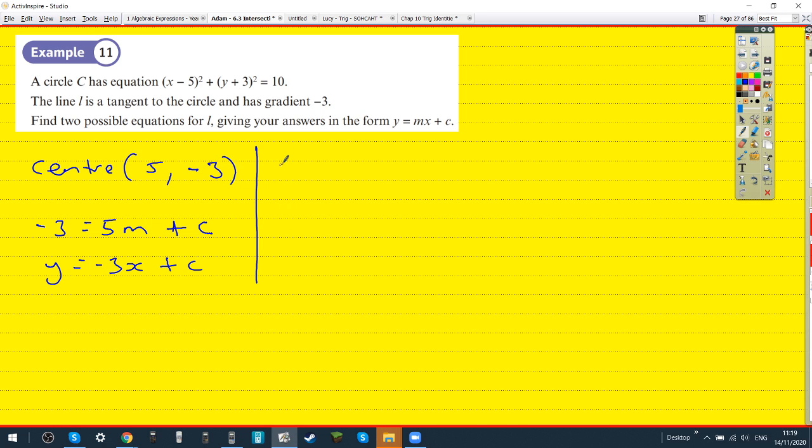Do you remember the formula for gradient? y2 minus y1 over x2 minus x1. But we have the same problem. So the gradient is -3.